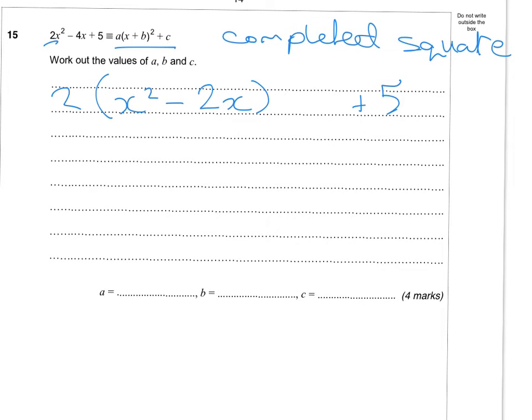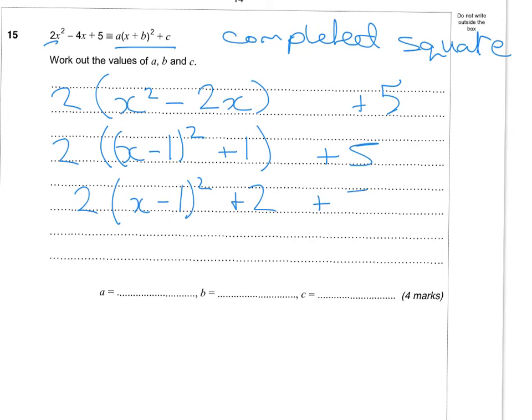Alright, so we've got 2 brackets x minus 1 squared. 1 squared is 1, so plus 1 plus 5, so it's 2 brackets x minus 1 squared plus 2 plus 5, and 2 brackets x minus 1 squared plus 7. So a equals 2, b equals negative 1, and c equals 7.